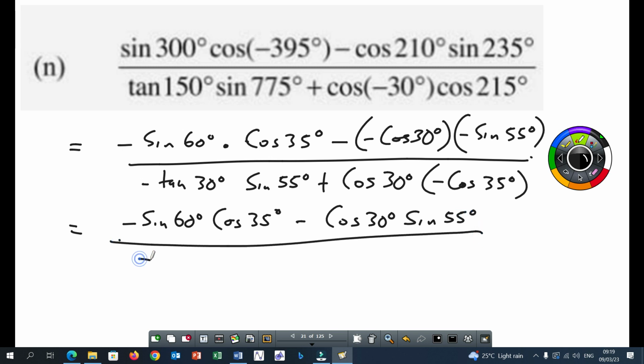Okay, that will be minus tan 30 times sine 55 degrees. That will be minus cos 30 times cos 35. Okay? Then from there, special angles.